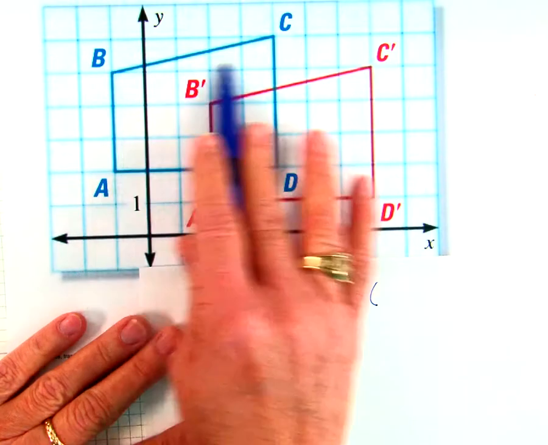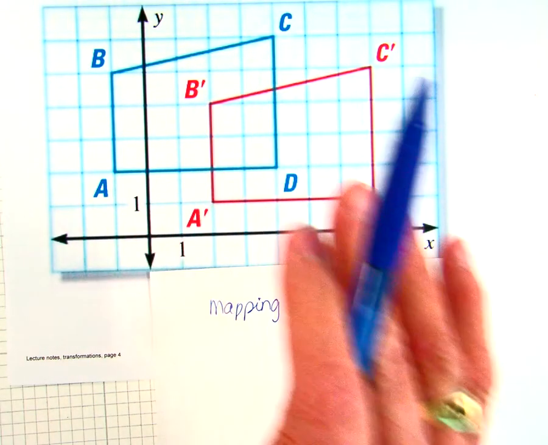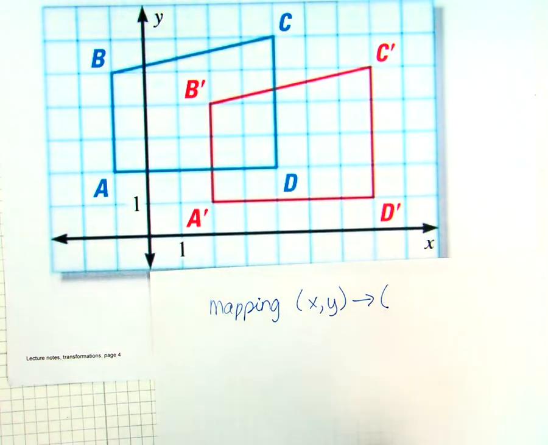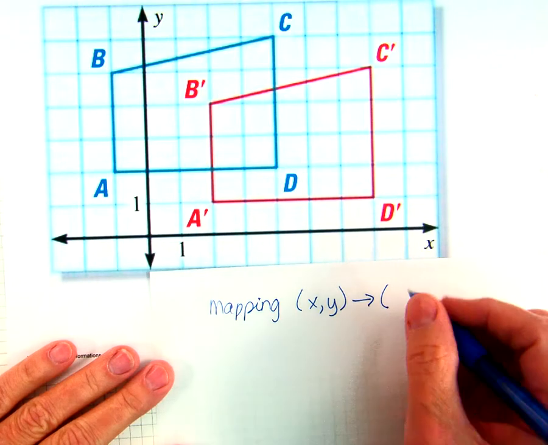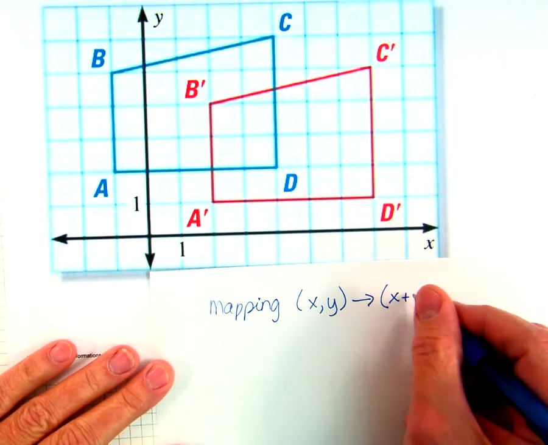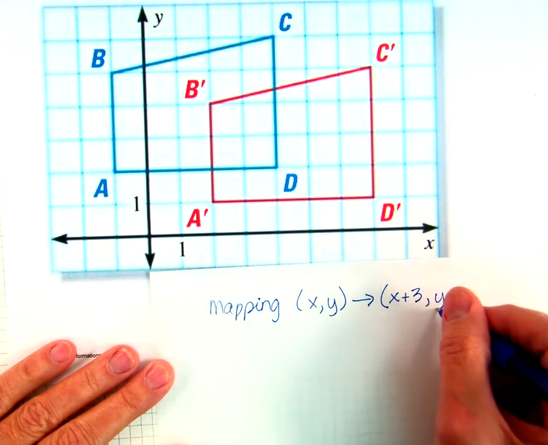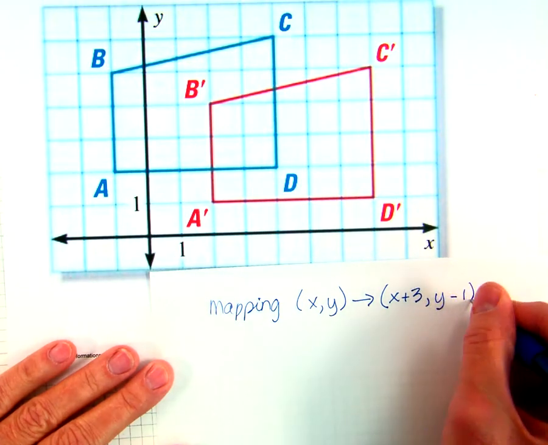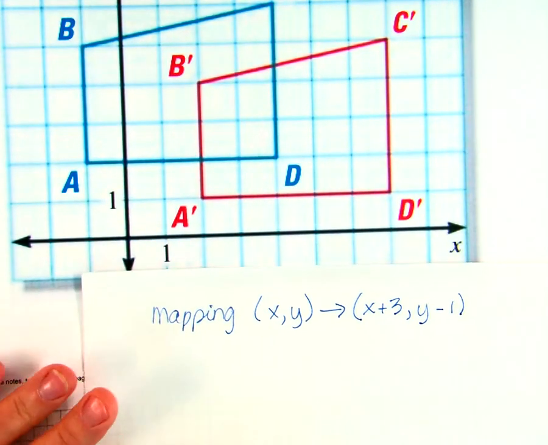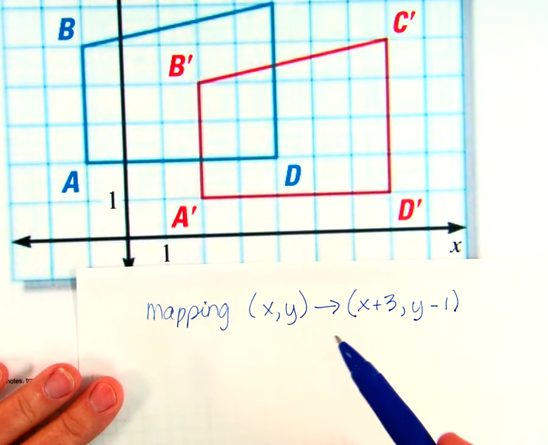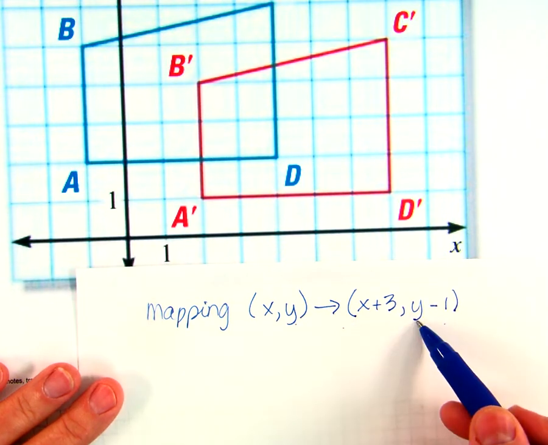If I choose any point along on it, then it still is the same. It works the same for each one of them. Every point will do the same thing. What happens is the x value increases by 3 and the y value decreases by 1. So one way to describe this transformation is (x plus 3, y minus 1). So this is the original, and this is how we see the copy.